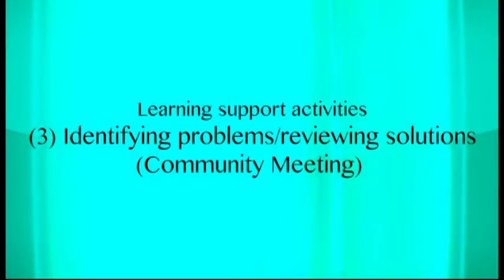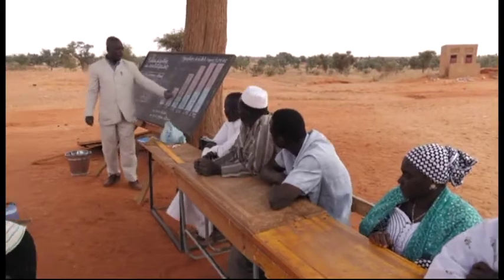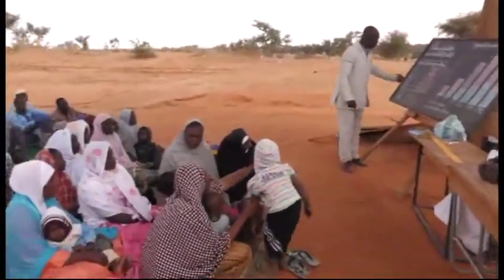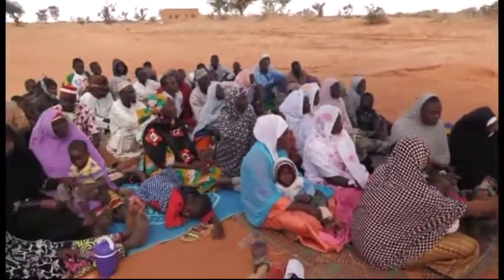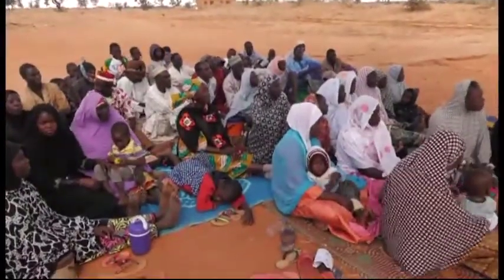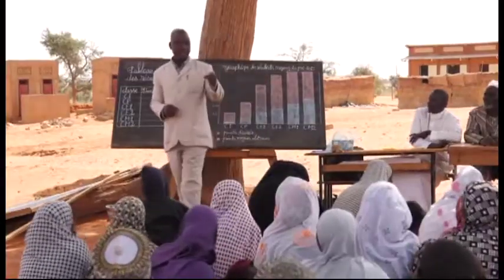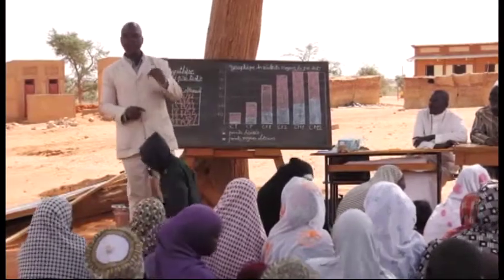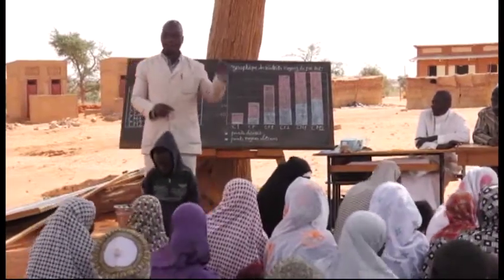3. Identifying problems, reviewing solutions, community meeting. Next, a community meeting is held to specify problems and discuss strategies to solve them. First, the results of the Scholastic Achievement test are announced.